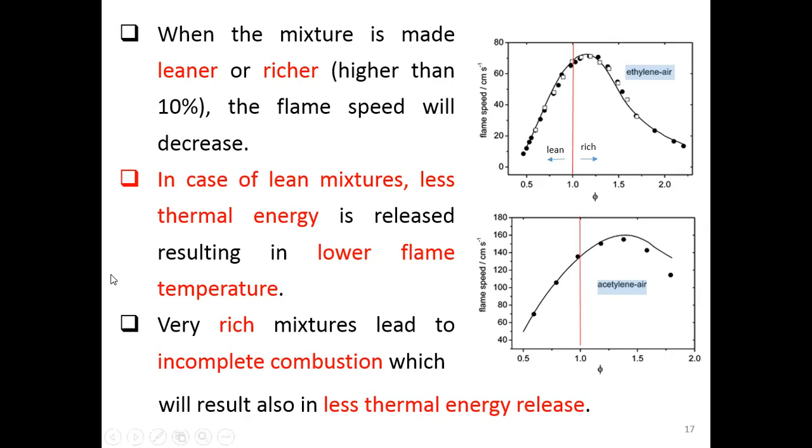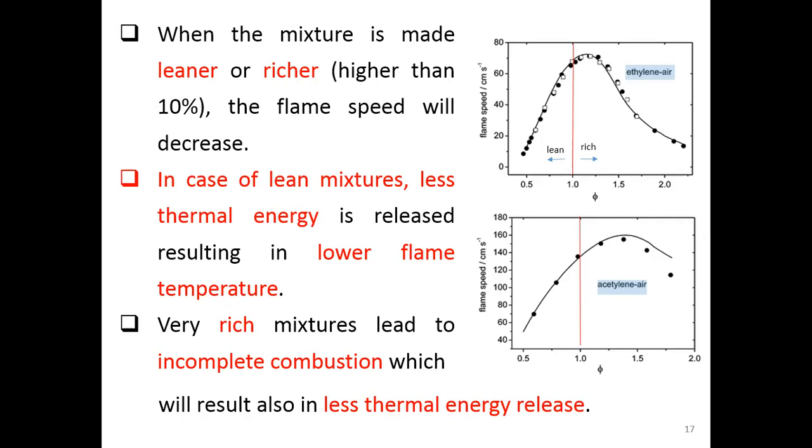Now, in the case of a very rich mixture, another problem happens, because a rich mixture leads to incomplete combustion. That results in the same thing, less thermal energy release. So both too lean and too rich mixtures give the same result, less thermal energy release, but the cause is different.